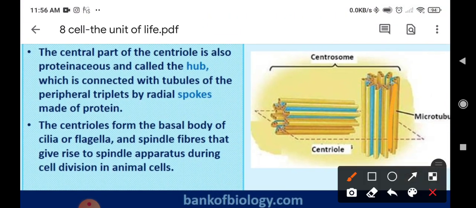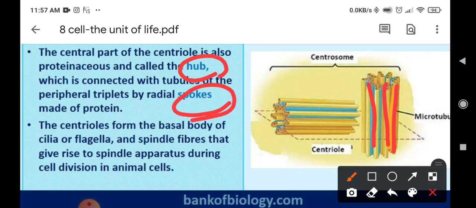They have peripheral microtubules, and they have a central part also. The central part of the centriole is also proteinaceous, called the hub. This is important: the central part is known as the hub, and all the tubules present outside are known as radial spokes. All of them are made up of proteins.